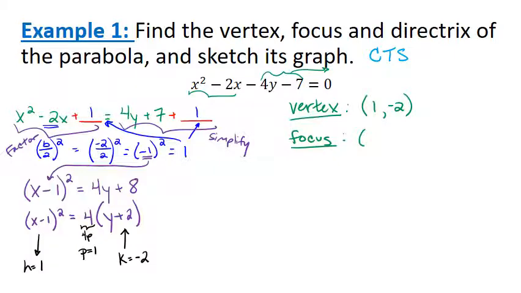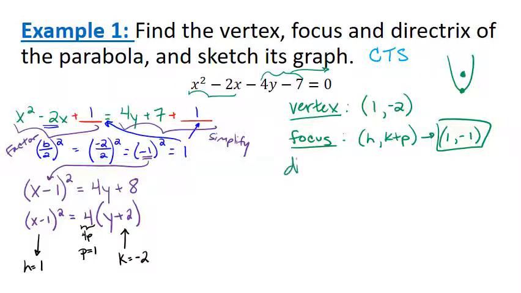The focus in this case, I am sorry, is (h, k plus p) because this opens up. This is the vertex. This here is going to be the focus. So we are moving up p units from the vertex. So 1 comma k is negative 2, p is 1. When we add those together, we get a negative 1. So this is the focus.